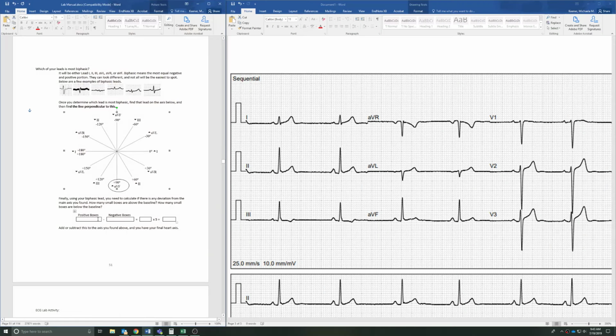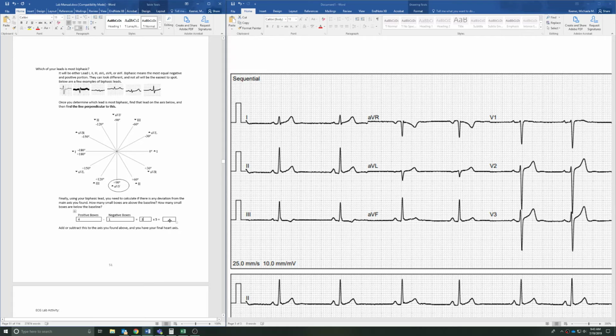And then we have to adjust to see if there's actually any deviation. And in this one, there is. So if I look at how many positive boxes there are off this main line, there's 1, 2, 3, 4. And probably only about 1 negative. So 4 minus 1 is 3. If you have more negative, if these were swapped, it would be a negative 3.